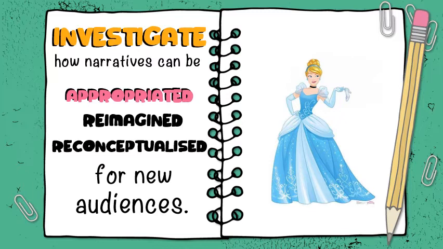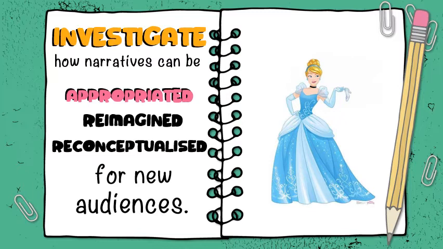Cinderella is an old fairy tale coming from the oral tradition, and Walt Disney has taken that story for his own use, and he has given it a new creation, and he has created that story in that animation form. So he has appropriated the story of Cinderella.